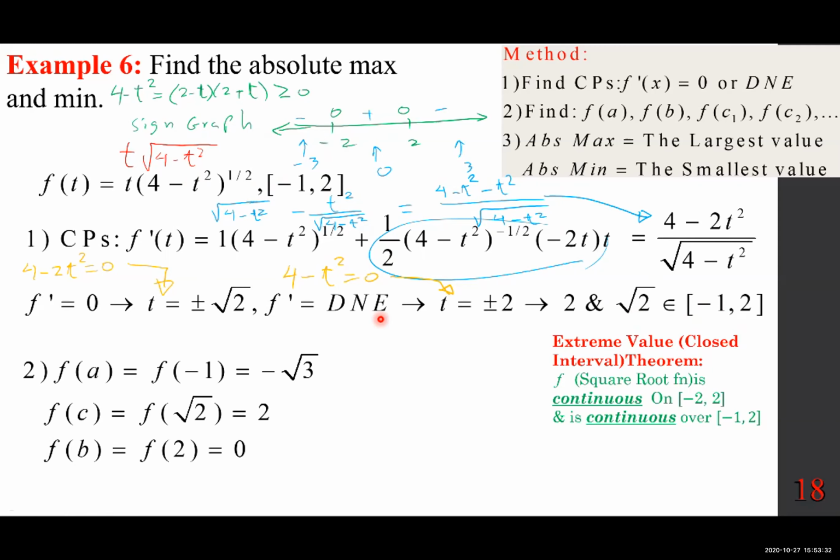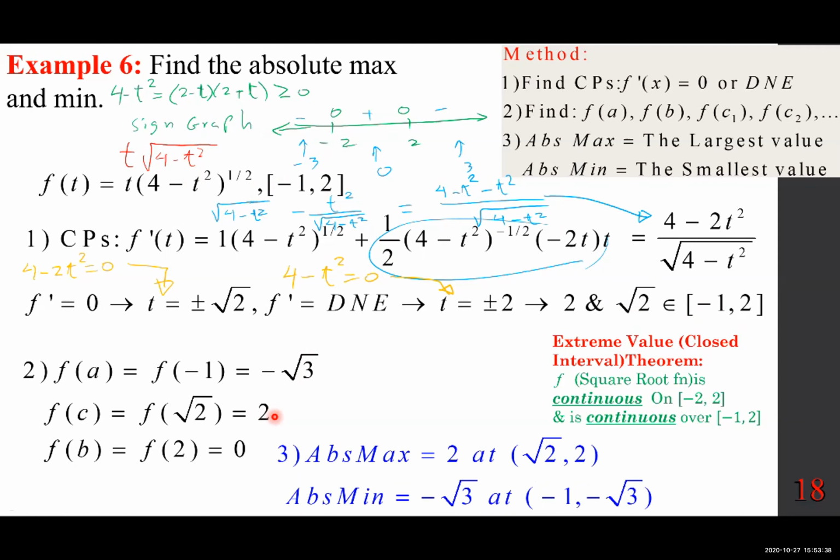This is the smallest value, this is the absolute min, and this is the absolute max. So absolute max is 2 at square root of 2, comma 2, and absolute min is minus square root of 3 at -1, comma negative square root of 3. Let's see how we do the evaluation.